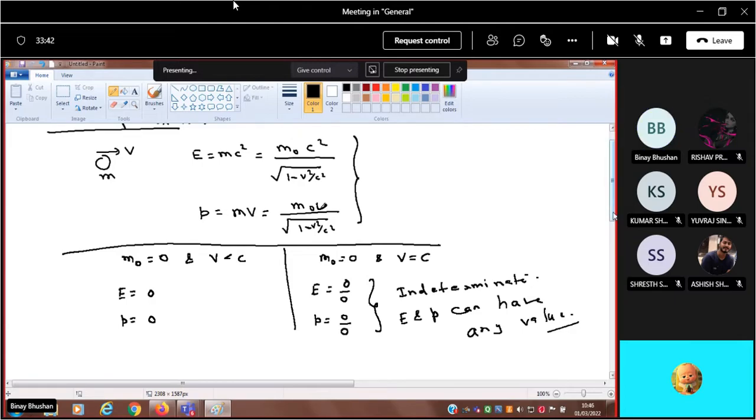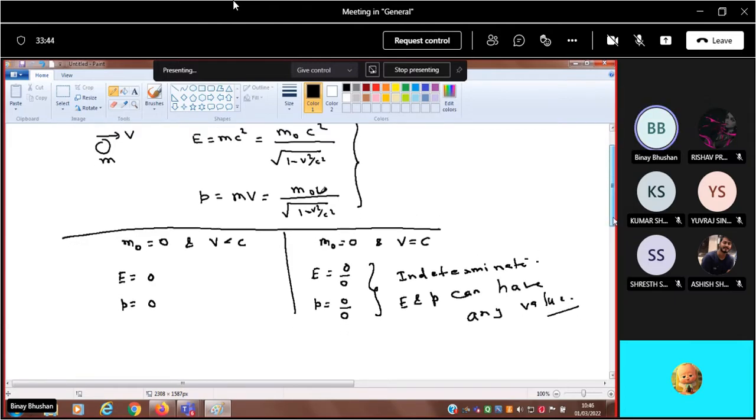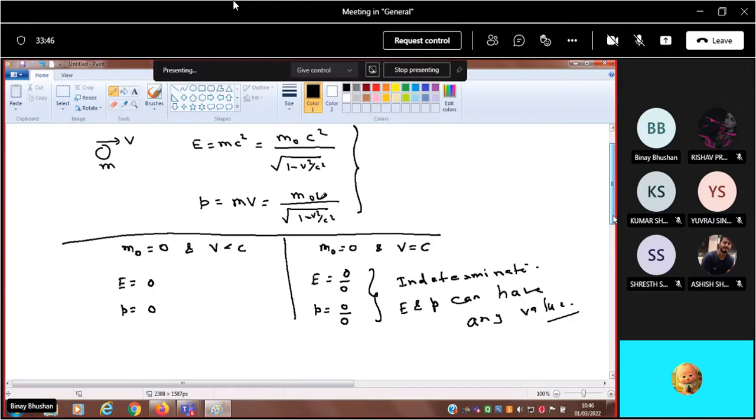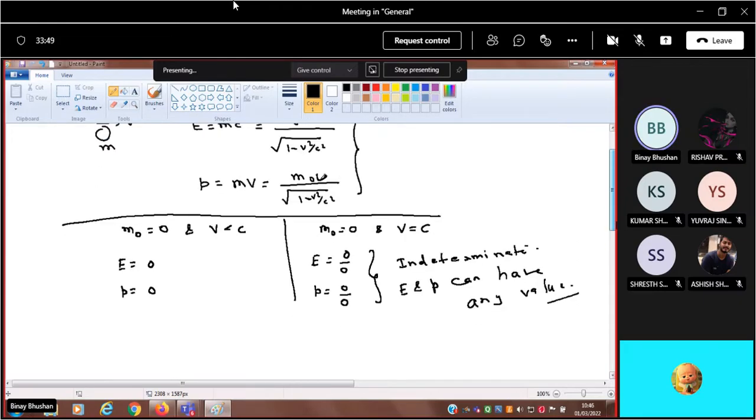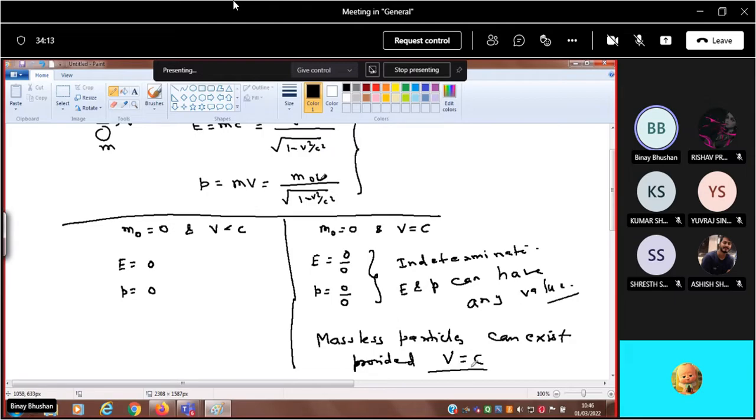राइट? So once again, STR has clarified here and put forward a very remarkable theory that massless particles can exist, provided they are moving with velocity equal to the speed of light in free space.